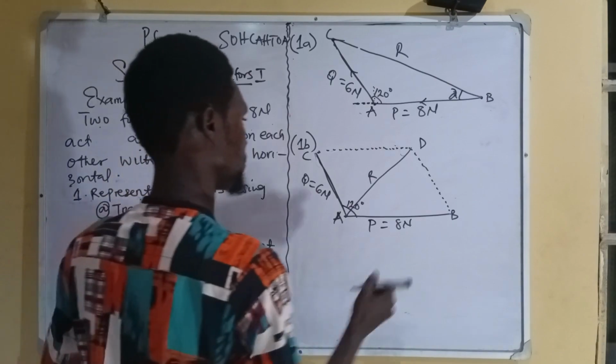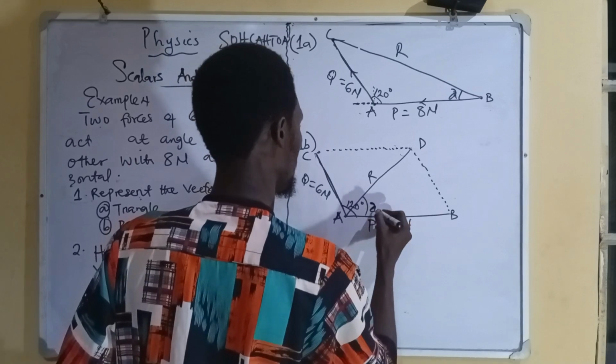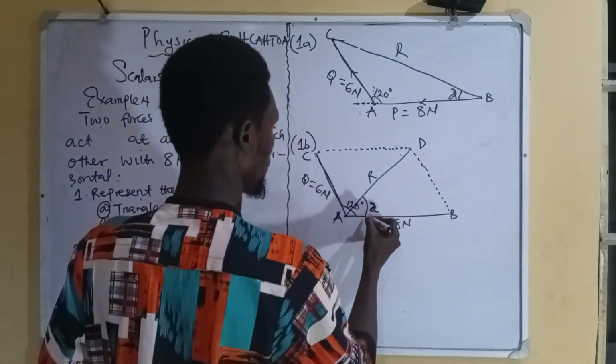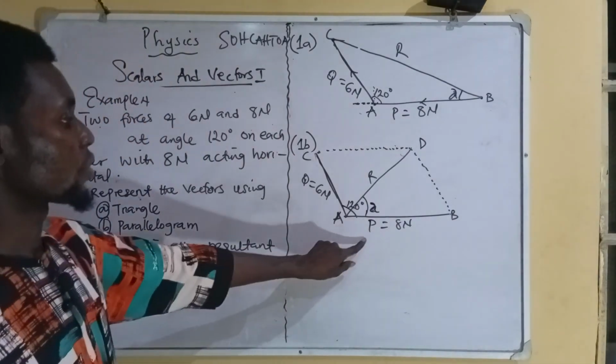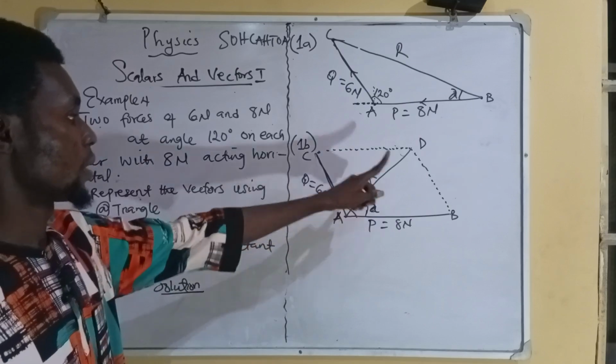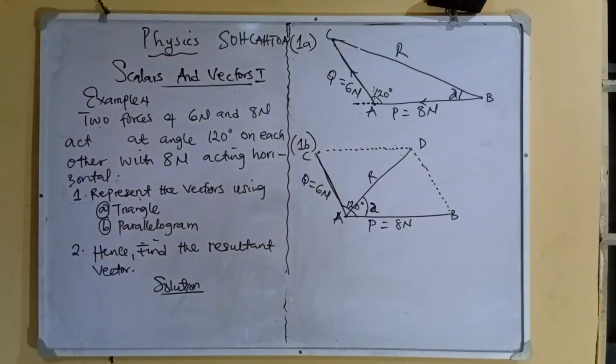Then you have the angle of inclination of the resultant from the horizontal vector. That's how to represent the vectors using a diagram.